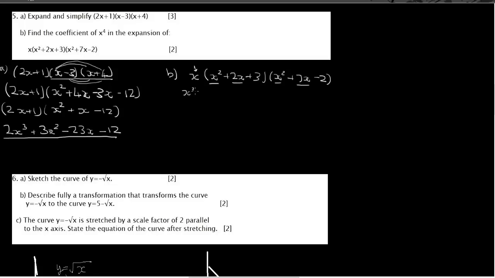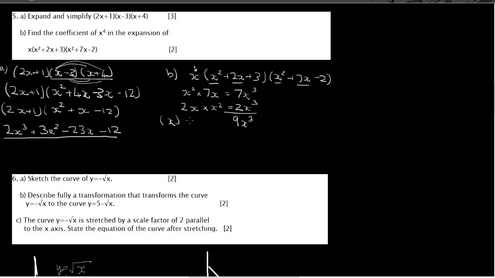So we've got x squared times 7x gives us 7x cubed there. And then we've got the 2x times the x squared there. It's 2x cubed. And 7x cubed plus 2x cubed gives us 9x cubed if you add them together.